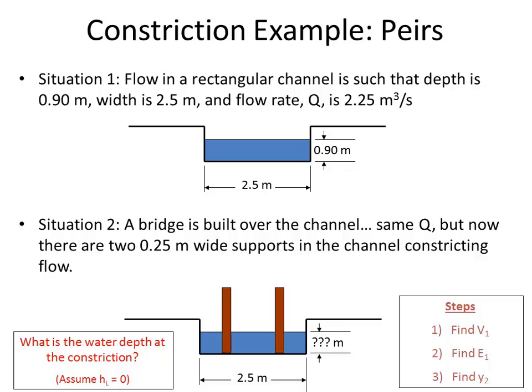2 y2 squared. At 2, since each one of these supports are 0.25 meters wide, they're circular supports, what is the new flow width at cross-section 2? There's the overall 2.5 meters, but we have to subtract the width of the piers. And so the actual flow width is 2 meters.